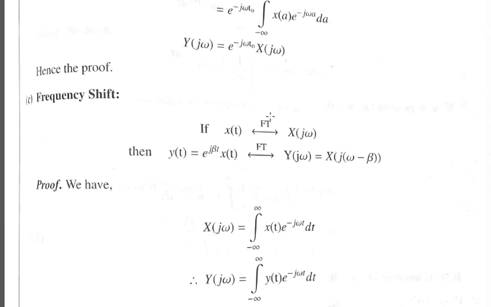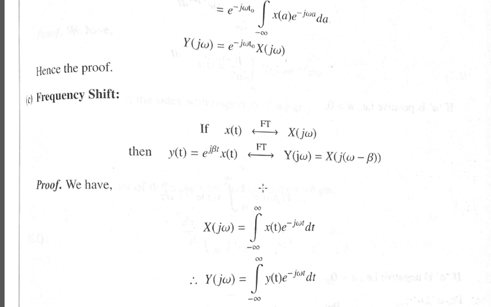Then frequency shift. In frequency shift, it is the same as that of the Fourier series. There we were applying e raised to j k omega naught t. Now here we are applying e raised to j beta t, and as it is non-periodic, k will not come.